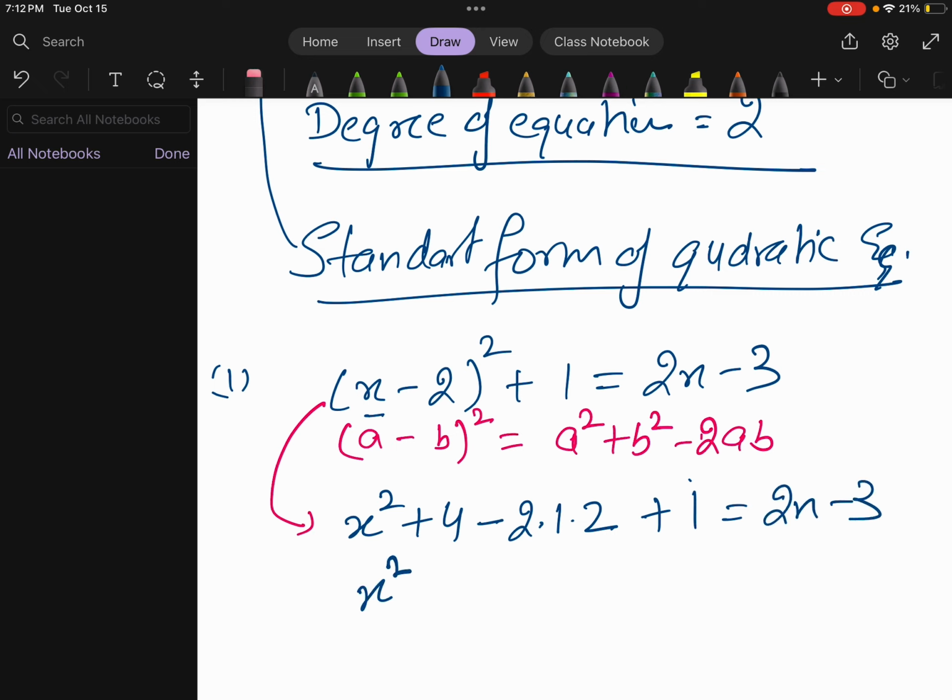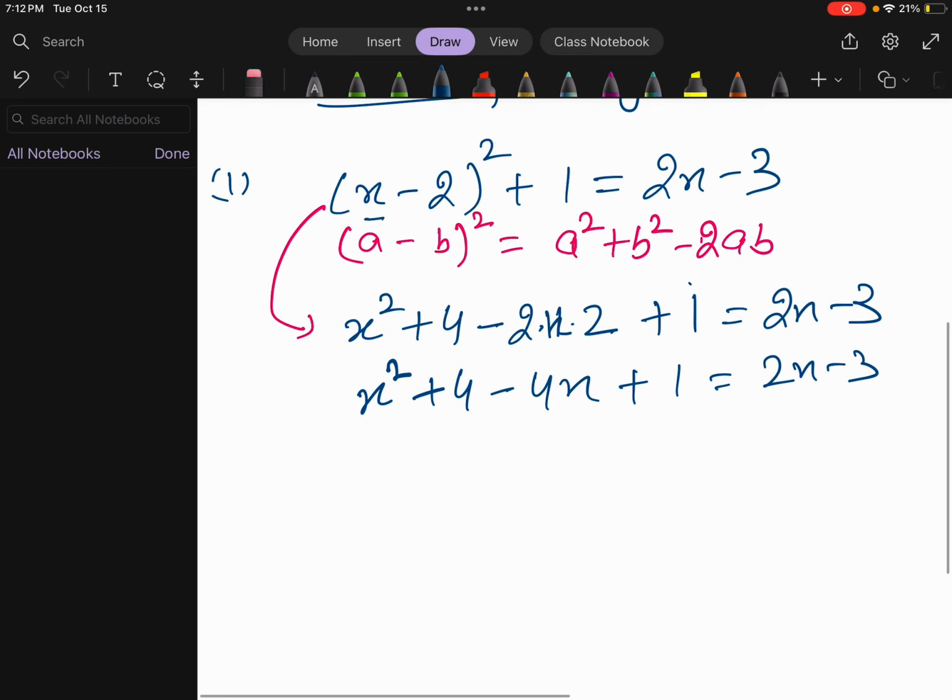When we solve this, x square plus 4, and this one is x also. So here it is 4x plus 1 is equal to 2x minus 3.